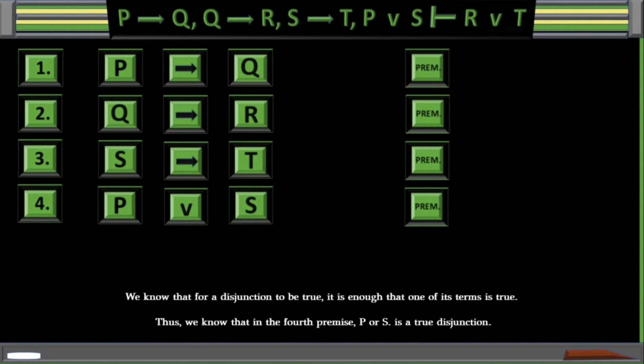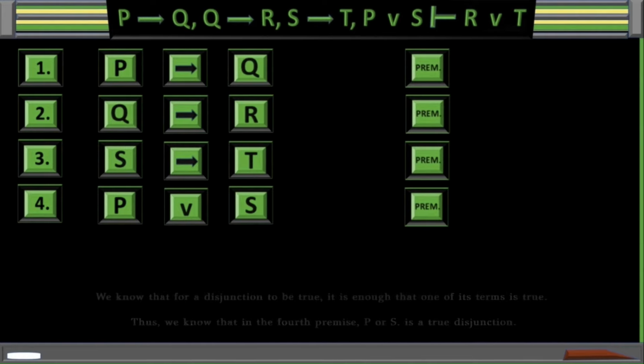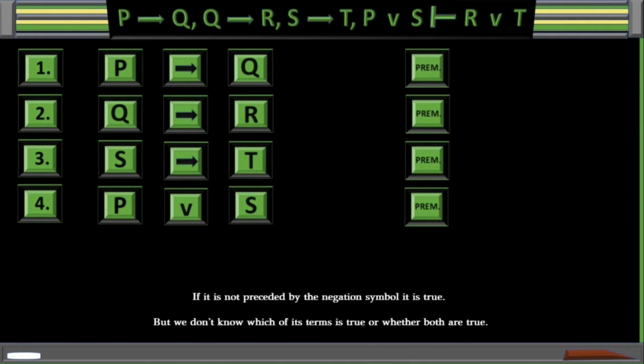We know that for a disjunction to be true, it is enough that one of its terms is true. Thus, we know that in the fourth premise, P or S is a true disjunction, if it is not preceded by the negation symbol. But we don't know which of its terms is true, or whether both are true.